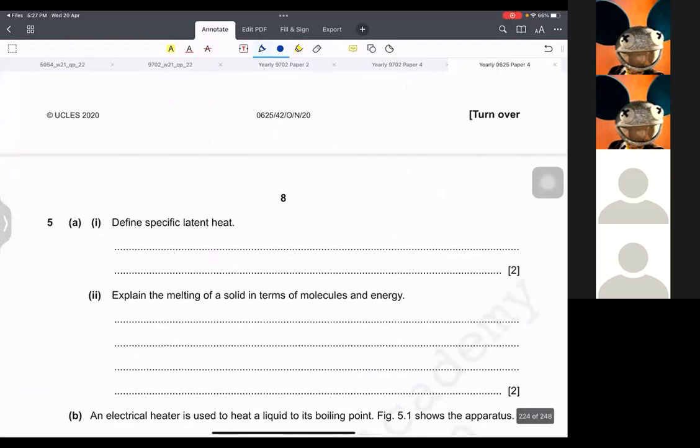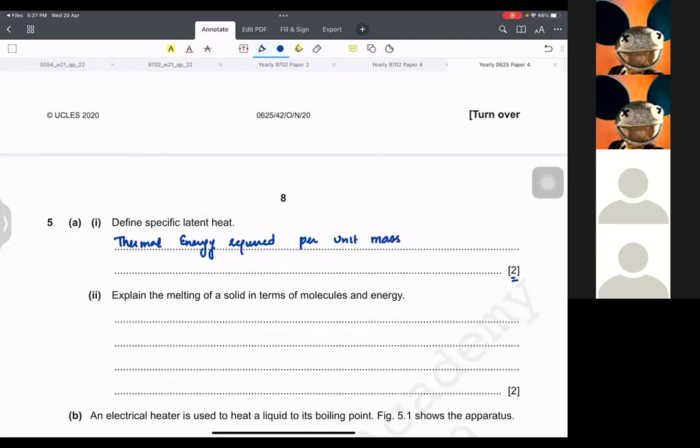Okay. Define specific latent heat. This is a definition that needs to be 100% learned, right? So you first write thermal energy required per unit mass.